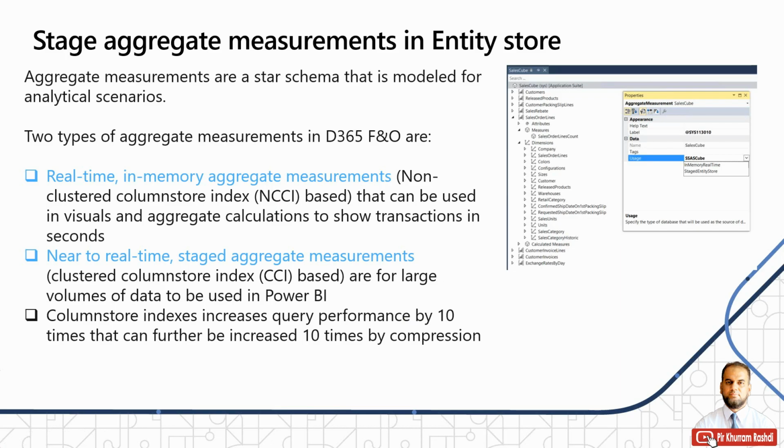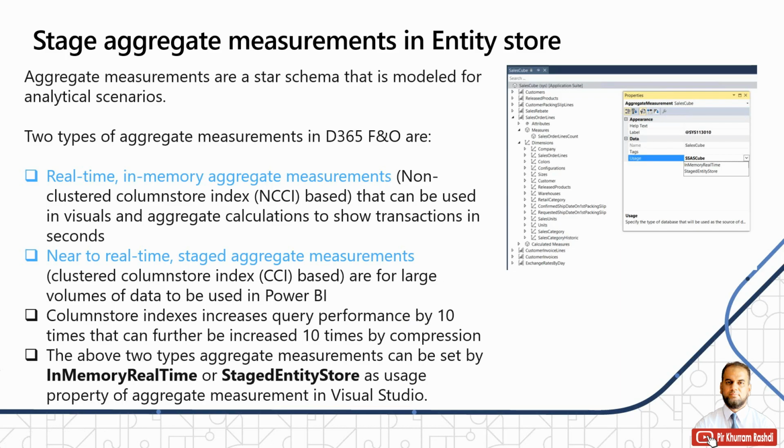This is one of the features that make our entity store very fast to query. These two types of aggregate measures can be set as shown on the right hand side, using in-memory real time or staged entity. Staged entity is always recommended for high volume data. For a small subset, in-memory real time can be used, which is the previous approach.